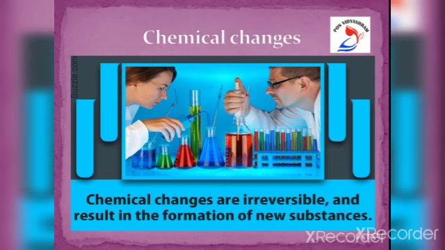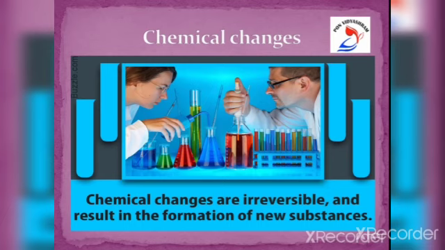Rotting, burning, cooking and rusting are all further types of chemical changes because they produce substances that are entirely new chemical compounds. For example, burnt wood becomes ash, carbon dioxide and water.